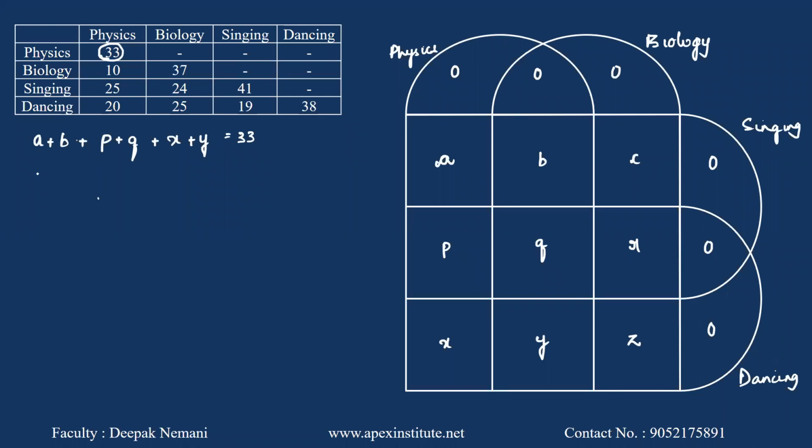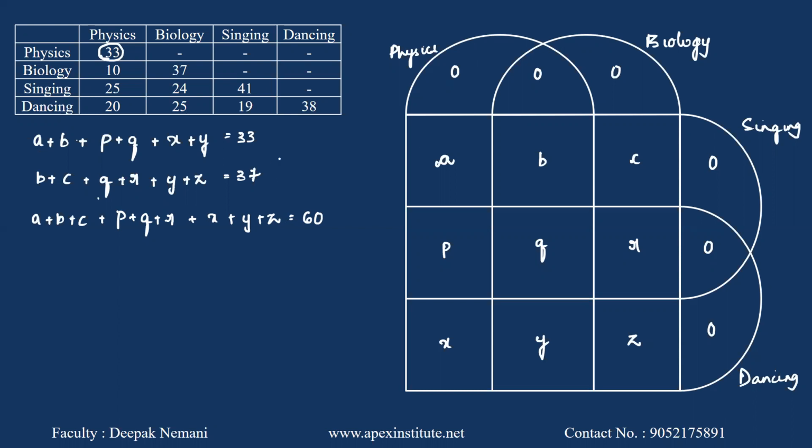So B plus C plus Q plus R plus Y plus Z is equal to 37. And we also have A plus B plus C plus P plus Q plus R plus X plus Y plus Z, which is equal to the total of 60 teachers.